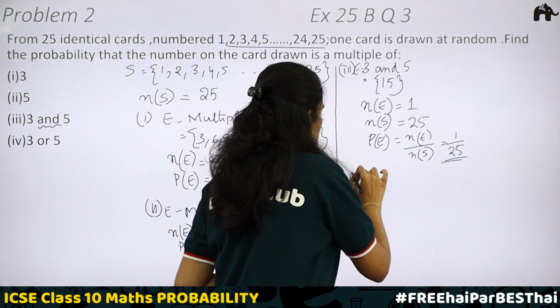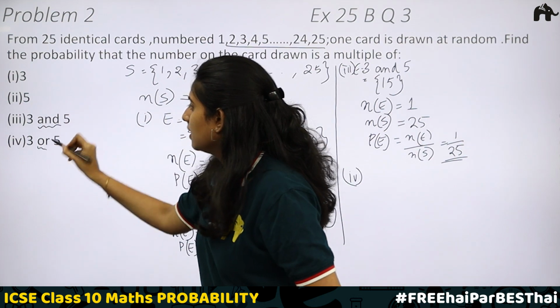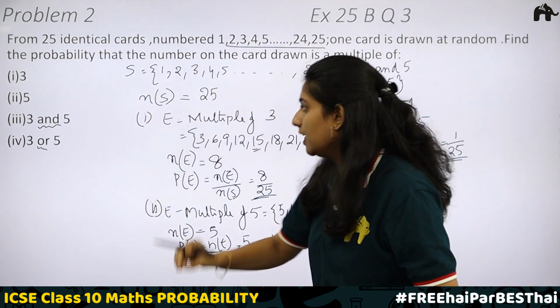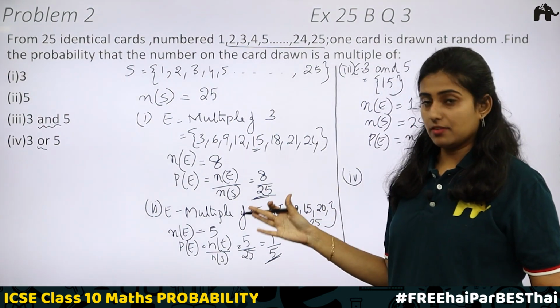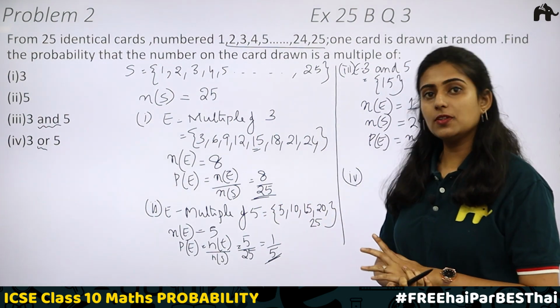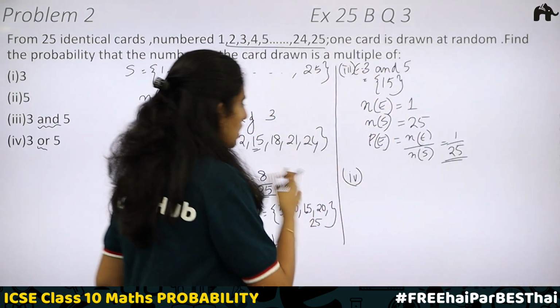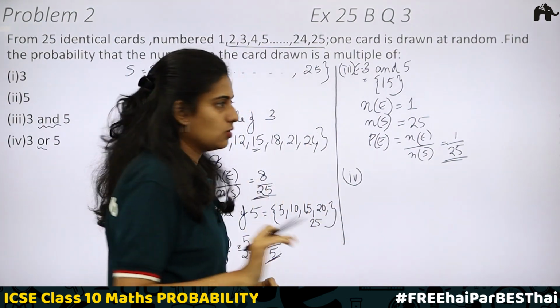Next is the fourth one. Here it is "or". The third one it is "and". "Or" means either it should be multiple of 3 or it should be multiple of 5. Or it can be multiple of both 3 and 5. At least one of these two numbers, that is 3 and 5, selected. It should be the multiple of any of these two numbers.